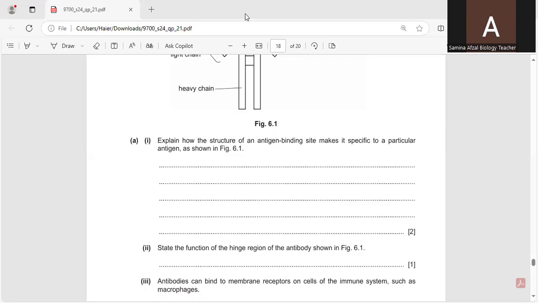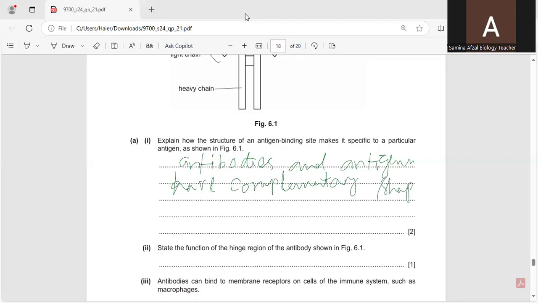The antibodies and antigens have complementary shapes, which makes it specific to a particular antigen.